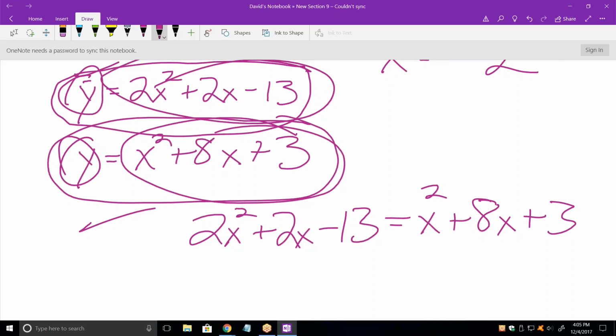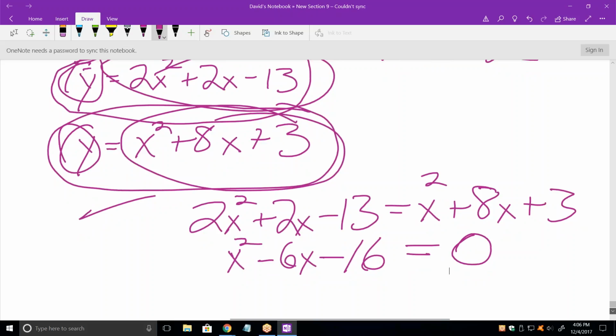Oh yeah, sorry. x squared, and then minus 6x, and minus 16. Okay, all equals 0. Very important part of that.